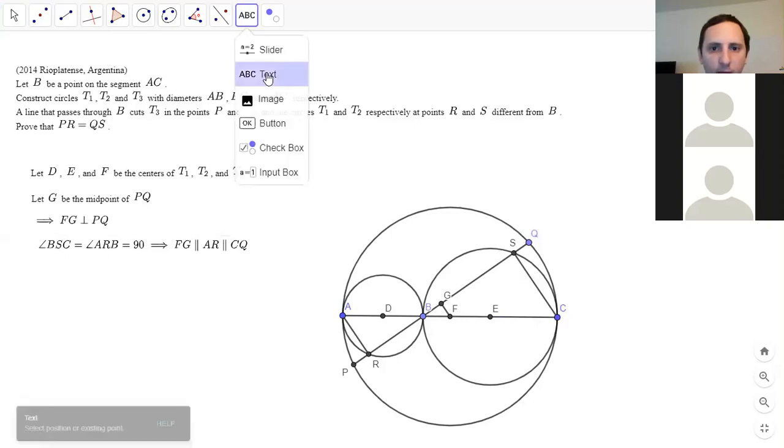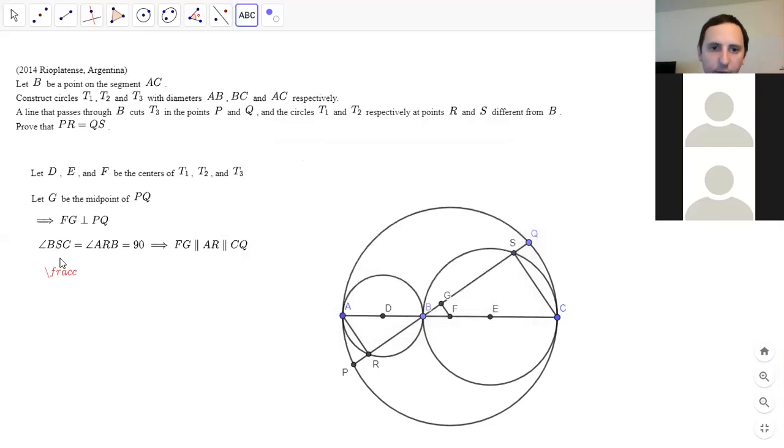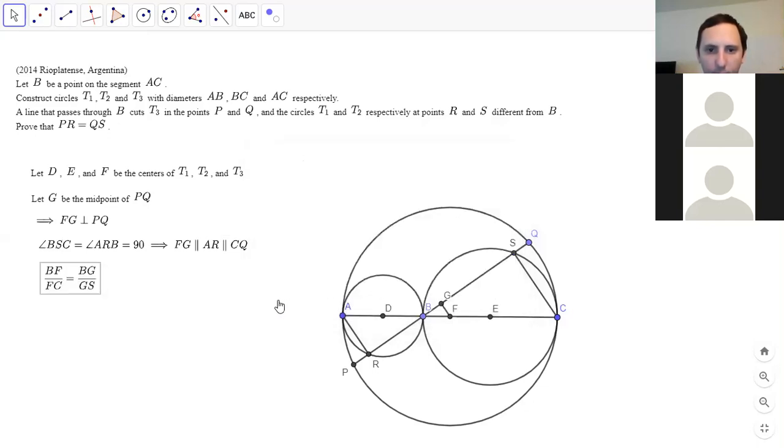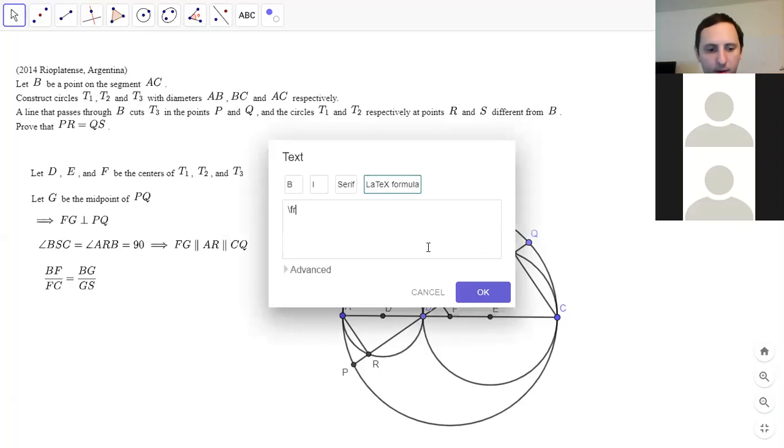So BF over FC is BG over GS. And BF over FA is equal to BG over GR.